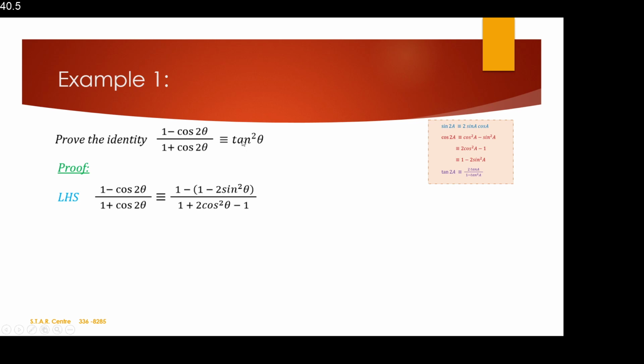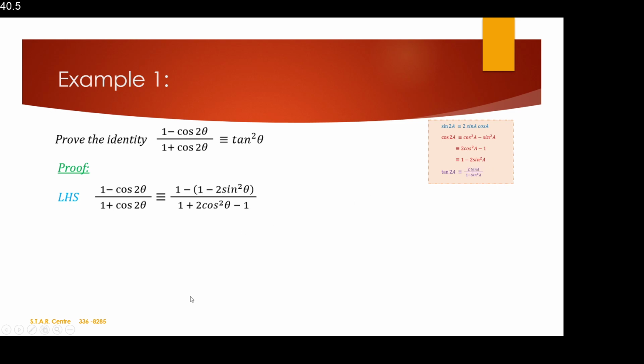As explained, to get tan squared theta on the right hand side, we need to work towards having terms with sine in the numerator and cos in the denominator, since tan squared will be sine squared over cos squared. So in the numerator, to replace the cos 2 theta, I want something in terms of sine. Looking at the identities for cos 2A, the one that I have with sine is the third one, 1 minus 2 sine squared A, so I'm going to use this one in the numerator.